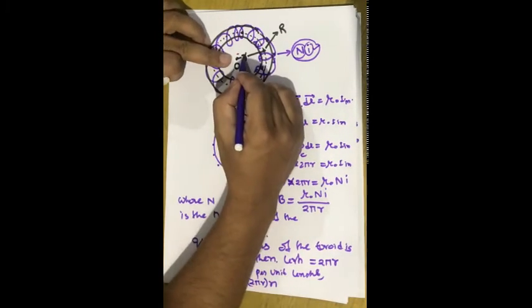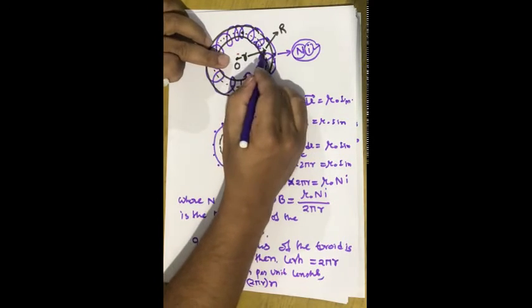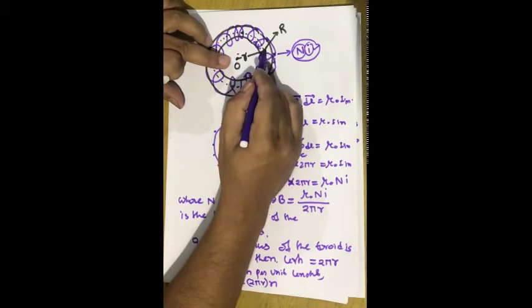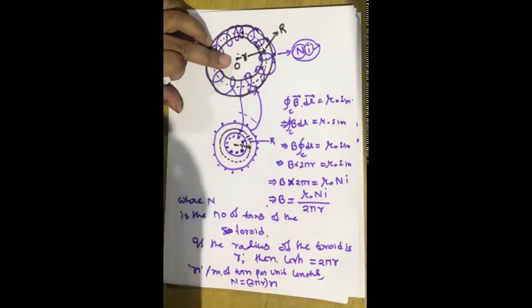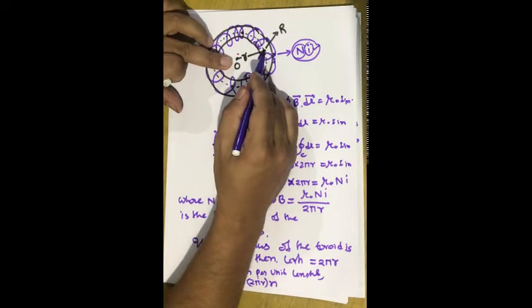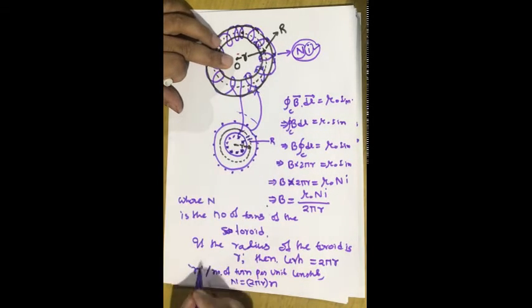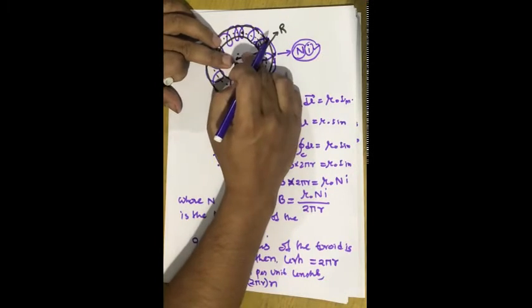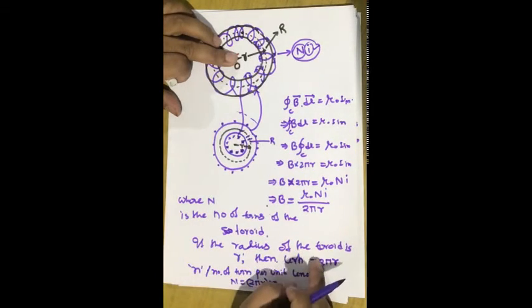Suppose this is the radius of the toroid, and we are considering r exactly on the axis of the toroid, that is at a distance r from the center of the toroid. So if small n is the number of turns per unit length, then for a toroid of radius small r, total length is twice pi r.